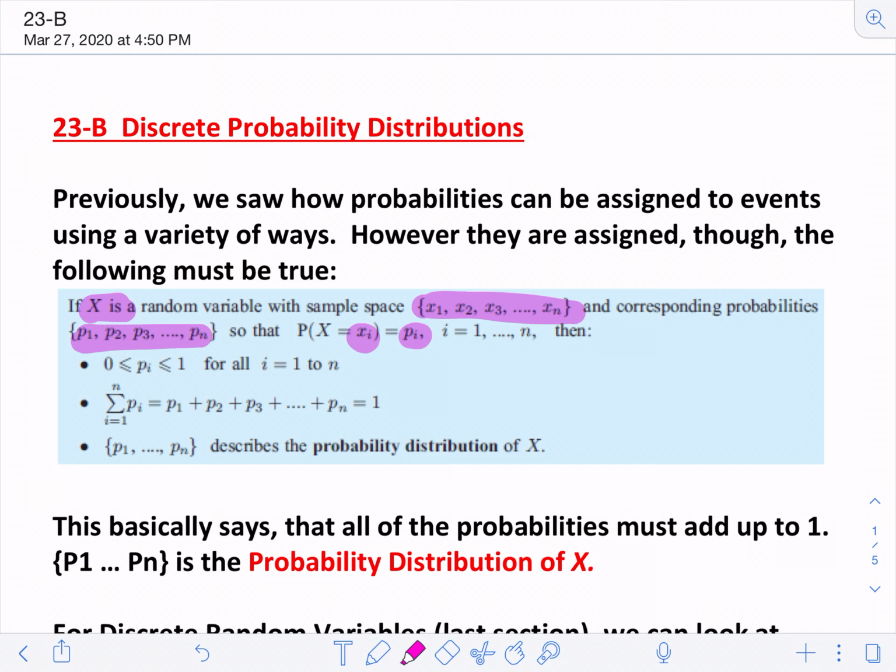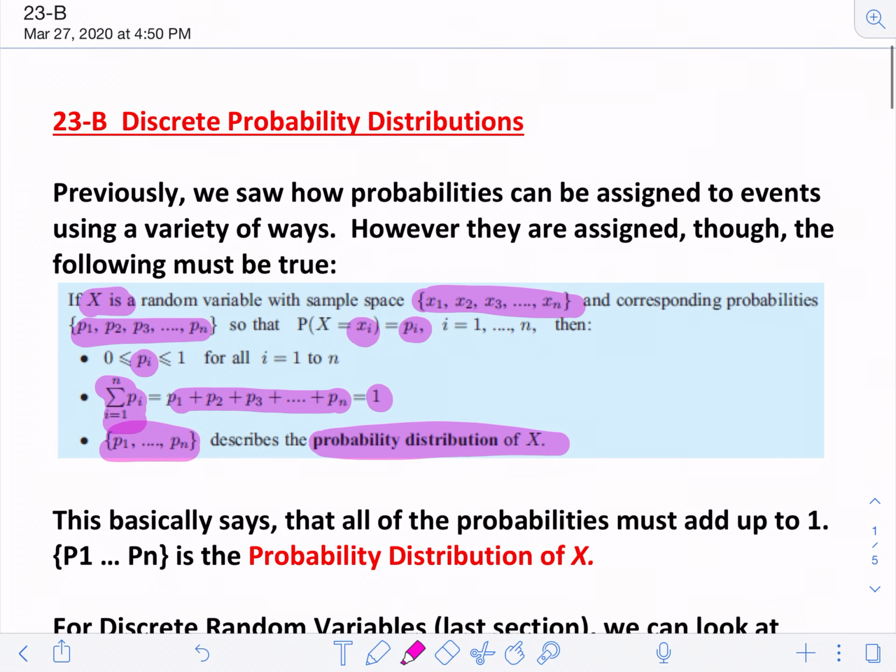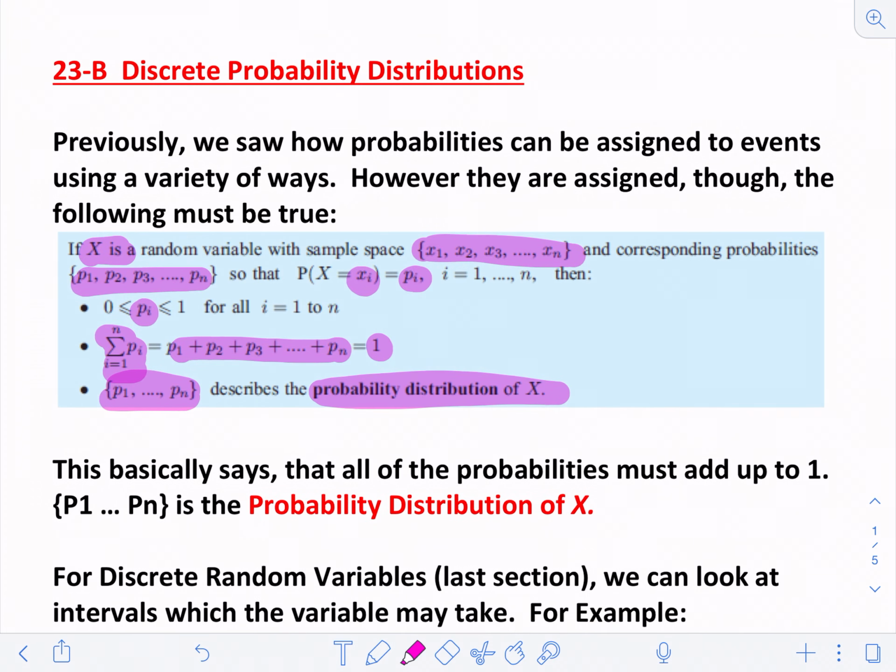We know all the probabilities have to be between 0 and 1. And we know that the sum of all the probabilities, which basically means if I add up all the probabilities, has to be 1. And that set of probabilities is what we call the probability distribution of x. What all that means is that if I have a probability distribution, all the probabilities must add up to 1.